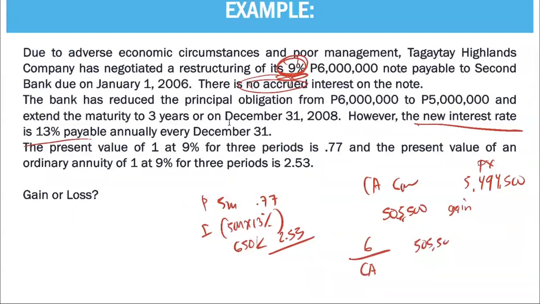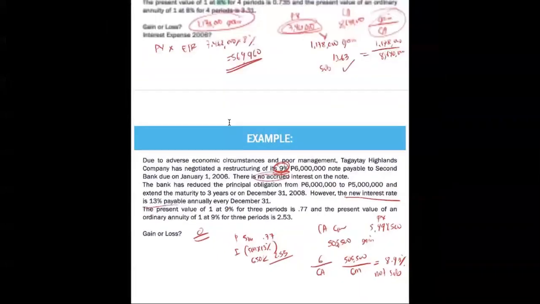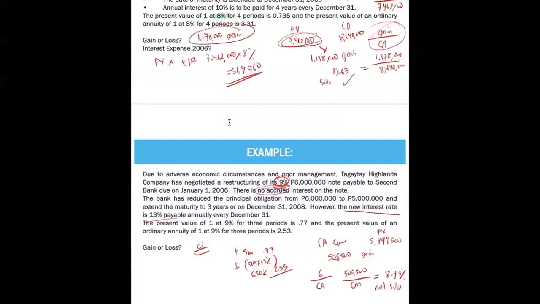So 505,500 over 6 million. What is the percentage? 8.43%. Since it is 8.43%, it is not substantial. The gain or loss is zero. So notice earlier, it was substantial at 13.63%, so there was a gain. Not substantial, no gain or loss recorded.